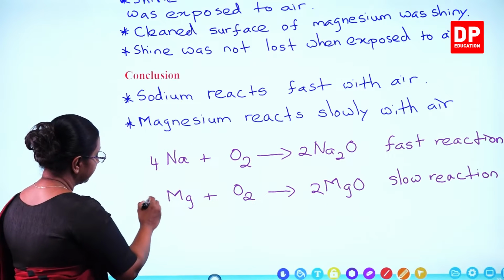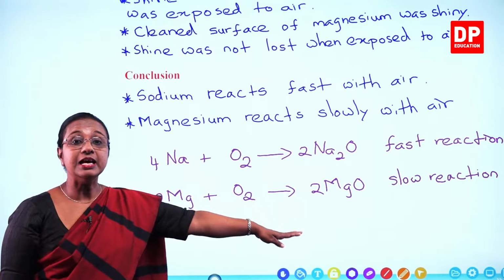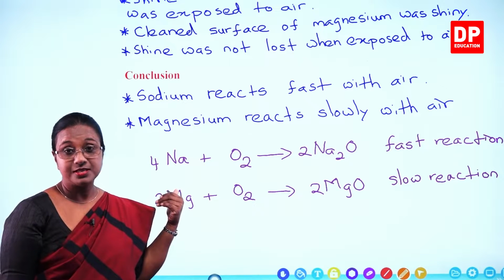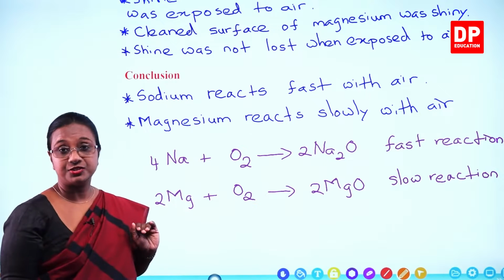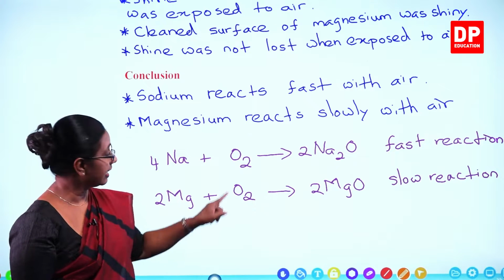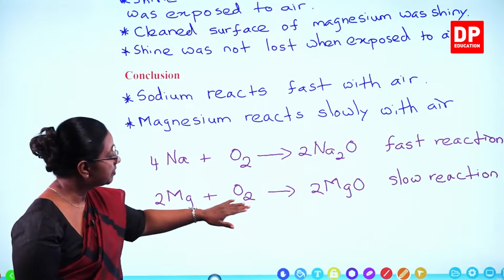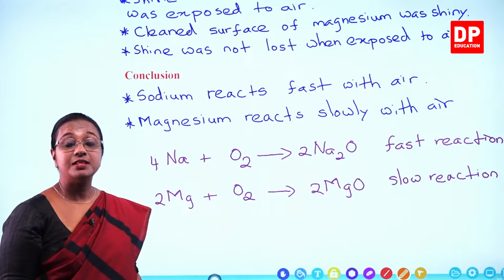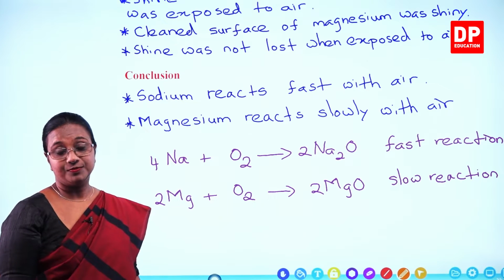To balance magnesium, you put a 2 in front. I am not going into detail about balancing equations because I have discussed that in the previous chapter, so you all know how to balance it. So these are the reactions taking place. Sodium reacts quickly with oxygen in air and forms sodium oxide. Magnesium reacts slowly with oxygen in air and forms the magnesium oxide layer. Is that clear to you all?